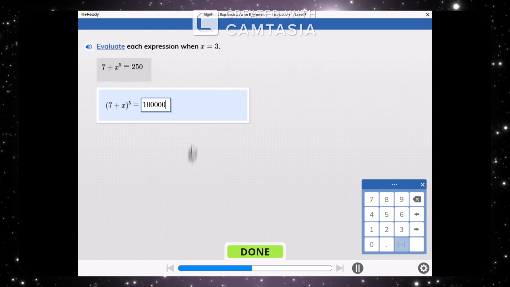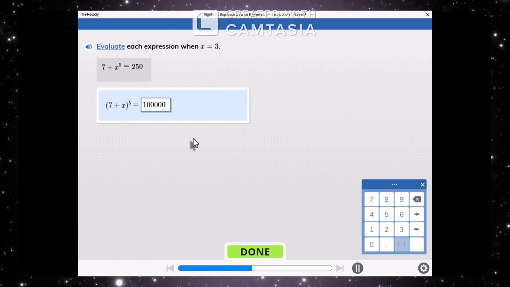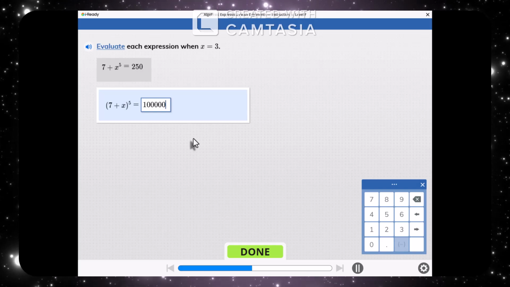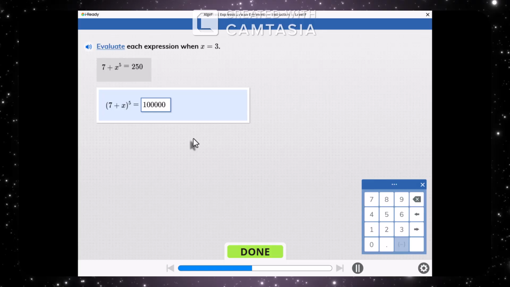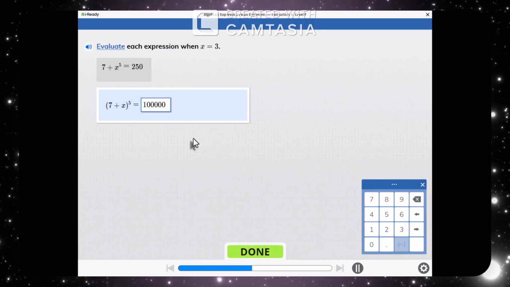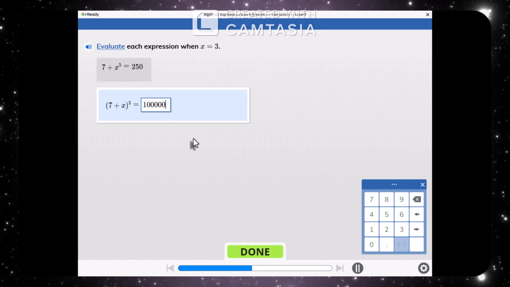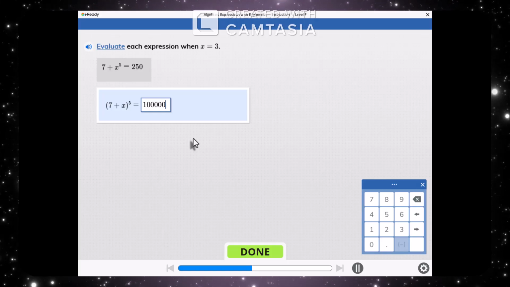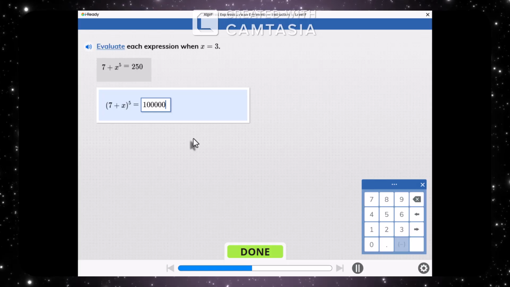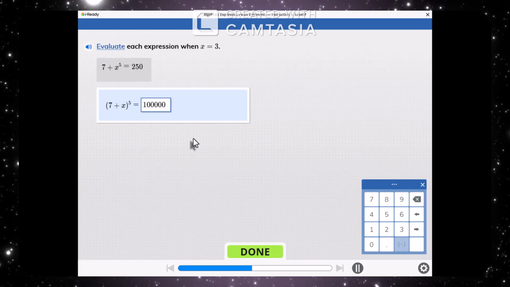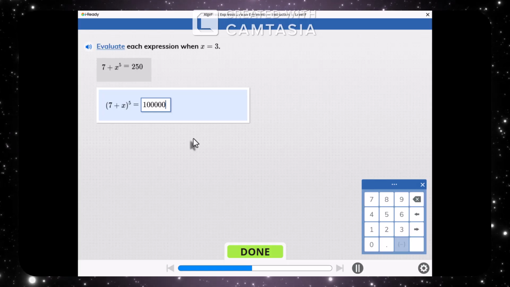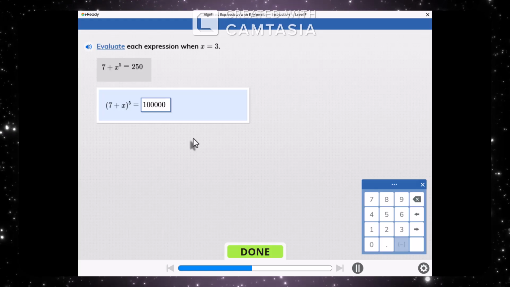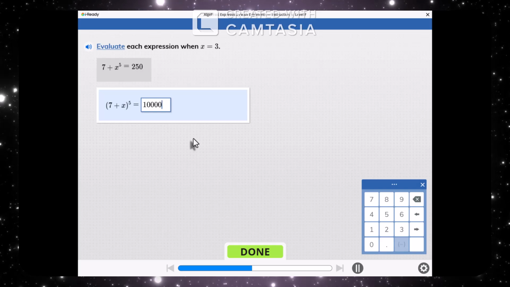I'm going to double check. 10 times 10 is 100. 10 to the power of 2 is 100. 10 to the power of 3 is 1,000. 10 to the power of 4 is 10,000. 10 to the power of 5 is 100,000.